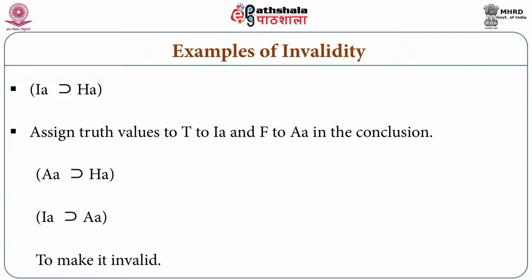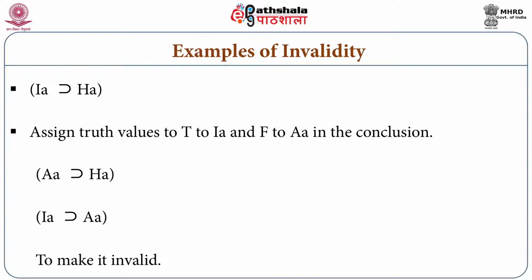So now we have to assign t to all the premises. Now if you look carefully, if we assign f to a and t to the rest of the sentences, this can be shown to be invalid, and we can actually do that.